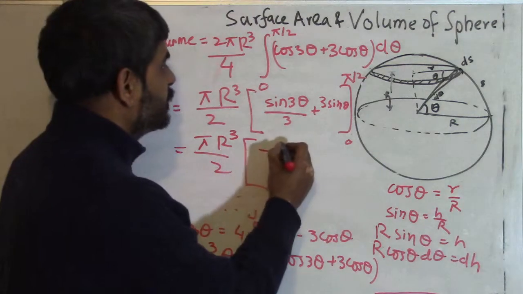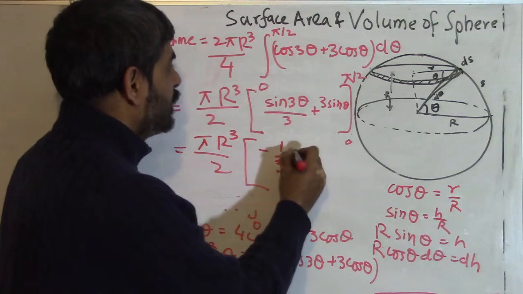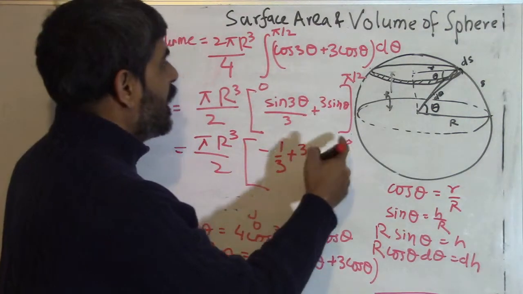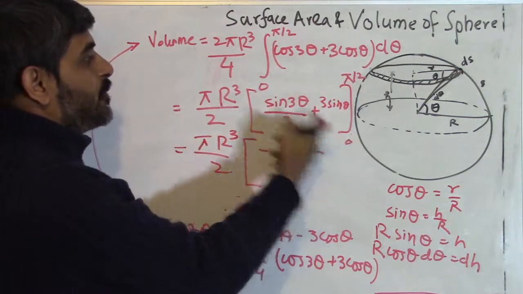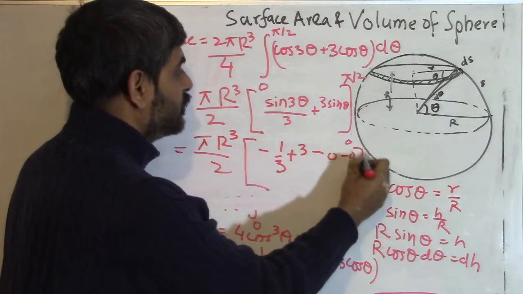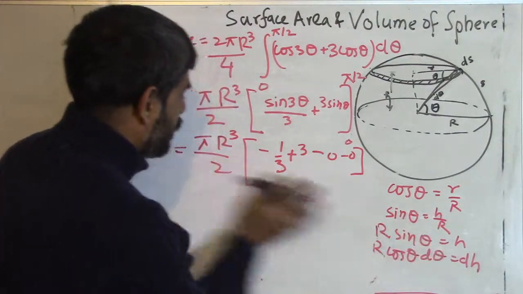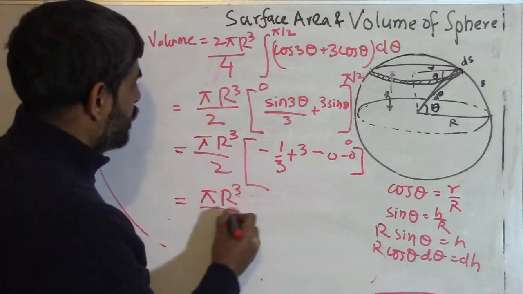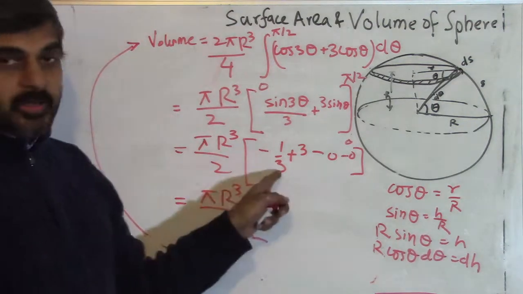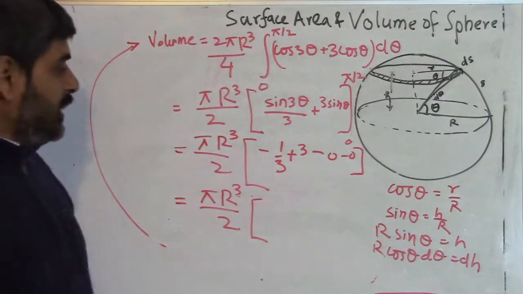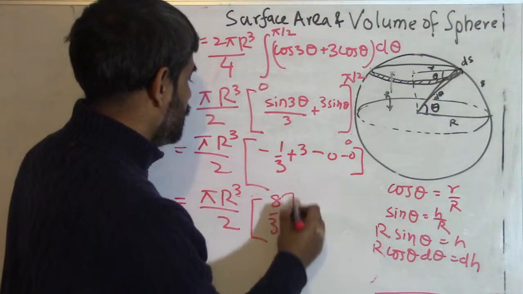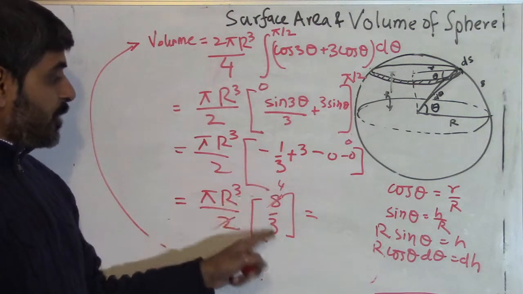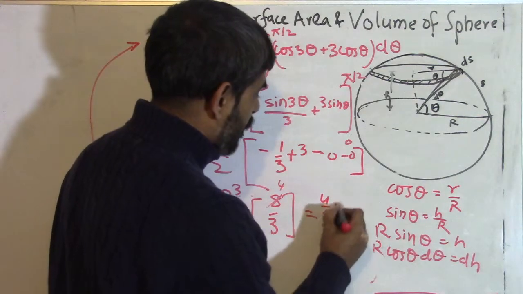So this is minus 1 upon 3, and then plus 3, since sin pi by 2 is 1, and then minus 0 and minus 0. So this becomes pi r cube divided by 2 times, 3 into 3 is 9 minus 1 is 8 by 3. And 2 into 4 is 8, so this is 4 by 3 pi r cube.